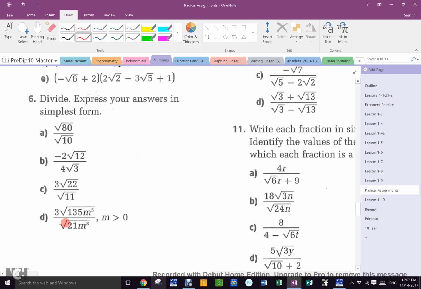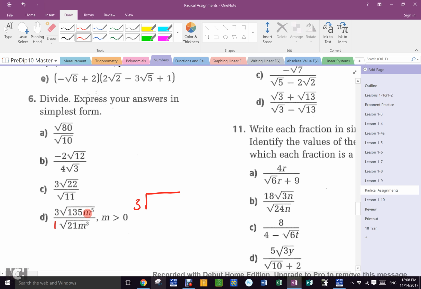All right, there's lots of ways you can go about simplifying this. You could simplify right now, or you could do bit by bit. Numbers go with numbers. What's 3 divided by 1? 3. Root. What's 135 divided by 21? Does 21 go into 135? No, but does something go into both of them? 7, right?